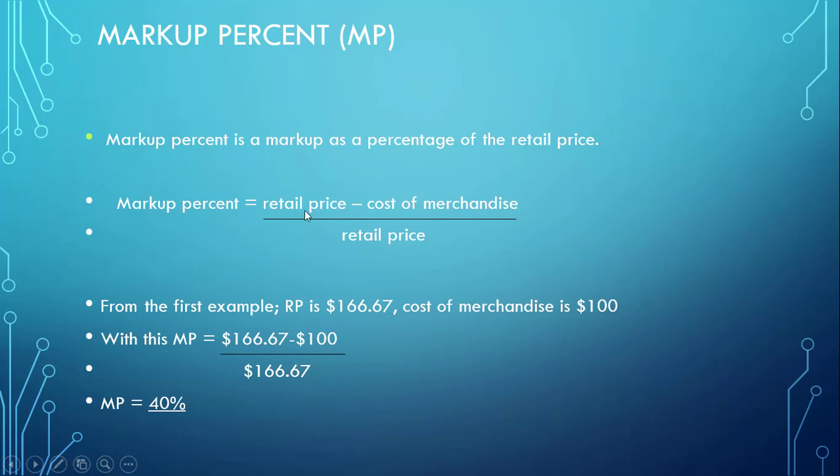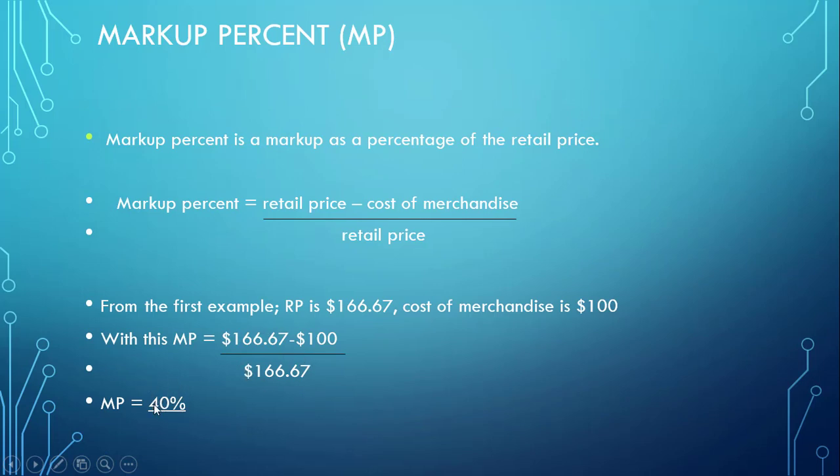So the retail price 166.67 minus the cost of merchandise 100, when you compute this, the markup percent will be 40% in approximation, because we took the retail price in approximation.